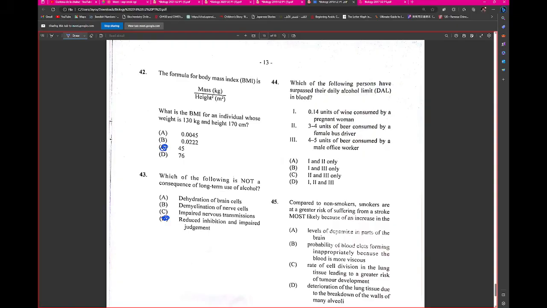What is the daily alcohol limit? What is the answer, guys?